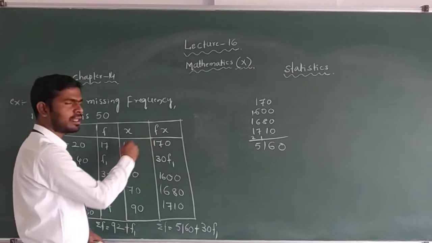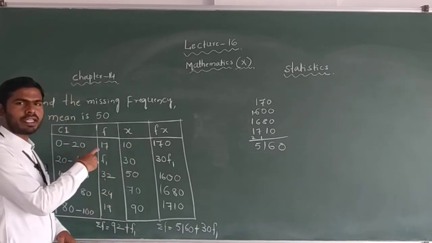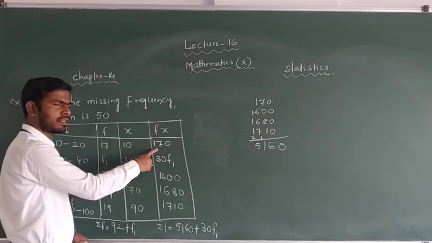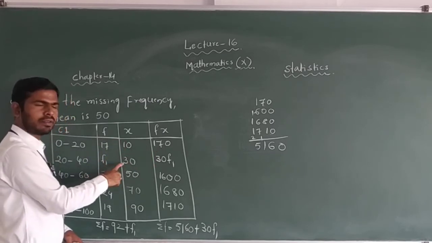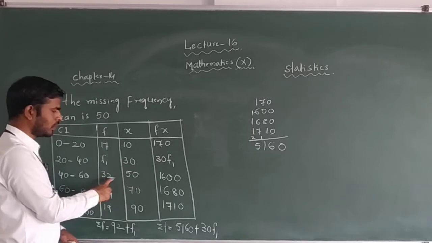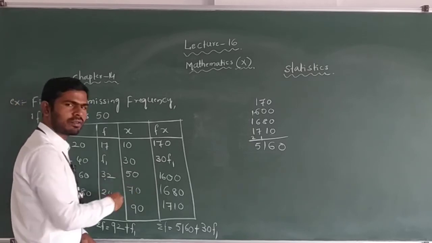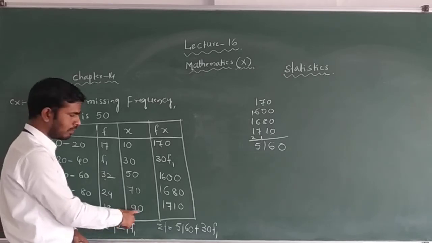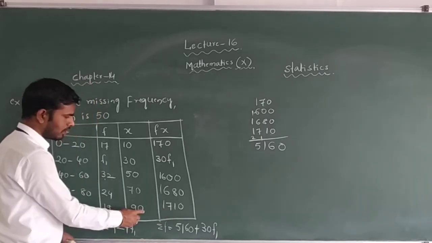Next you have to multiply to get fx, finding the mean by the direct method. F into x: 17 times 10 is 170, F1 into 30 is 30 F1, 32 into 50 is 1600, 24 into 70 is 1680, 19 times 90 is 1710.